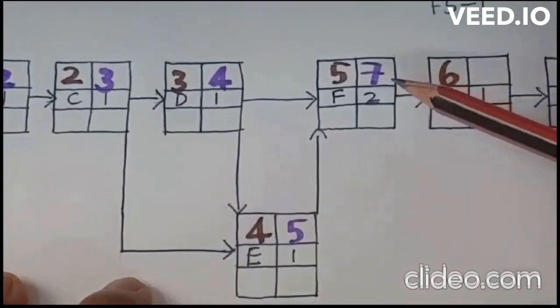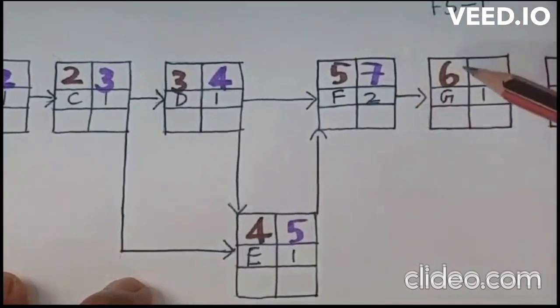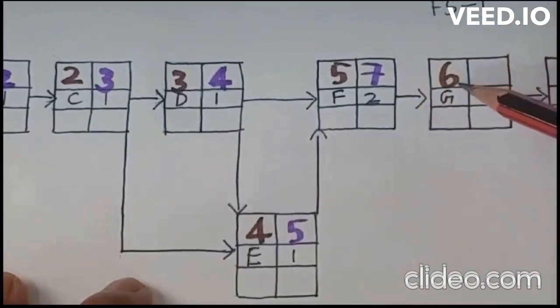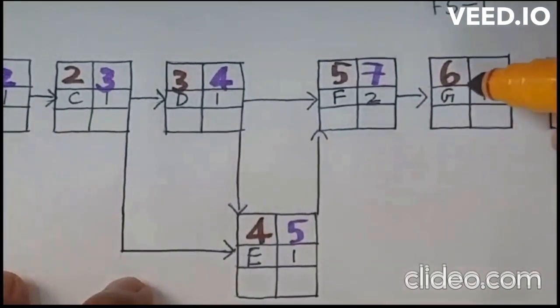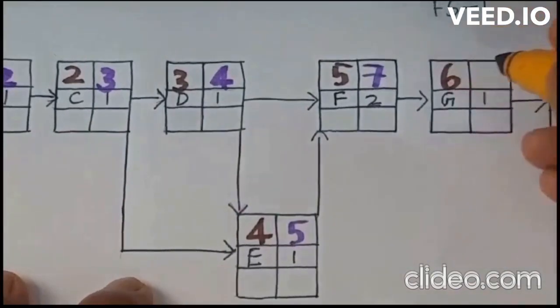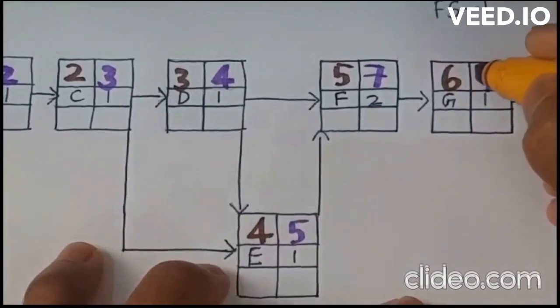That is the meaning. So 7 minus 1, that is equal to 6. So 6 is the earliest start time of activity G. When you want to calculate the finish time for activity G, it will be earliest start plus duration. So 6 plus 1, that is equal to how much? 7. You can enter it here, 7.